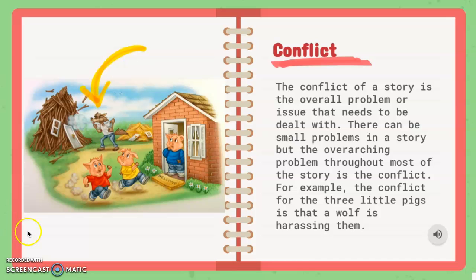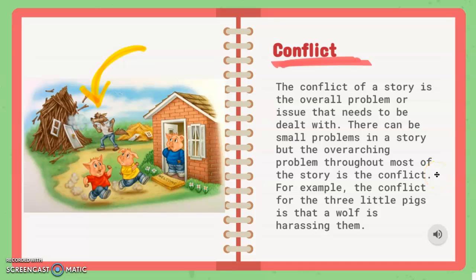Now let's talk about conflict. Ooh, I can see the conflict here. The conflict of a story is the overall problem or issue that needs to be dealt with. There can be small problems in a story, but the overarching problem throughout most of a story is the conflict.